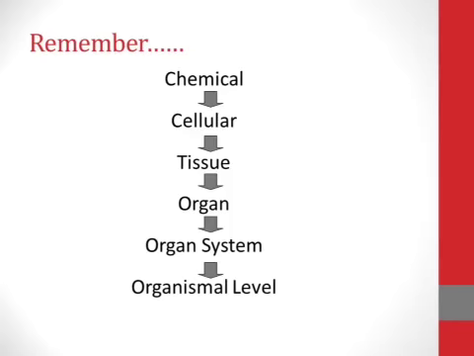Okay, so where are we on this? We finished with chemistry, right? You did it. Now we're into the cell level because we know that chemistry makes up the cells. These organic compounds that we studied, the proteins, the carbs, the lipids, the nucleic acids, that's what gives the structure to the cell. If we don't have those organic compounds, we don't have a cell.